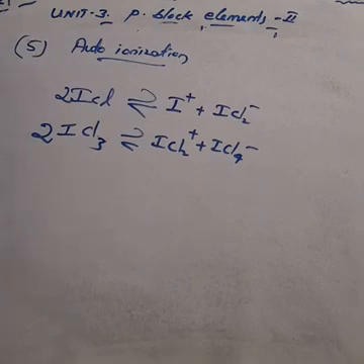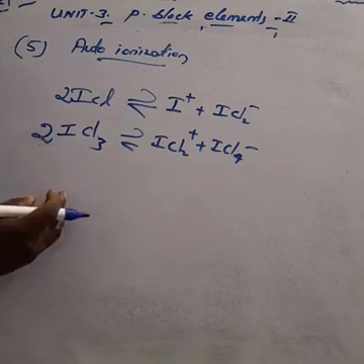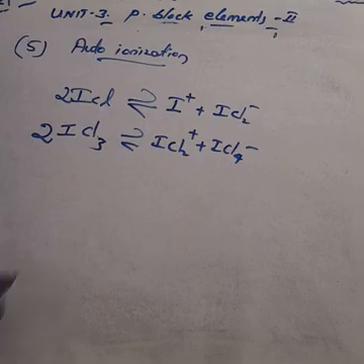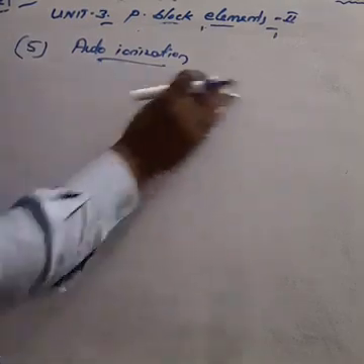Next, the reaction with alkali. When heated with alkali, the larger halogen forms oxyhalogen and the smaller forms halide.